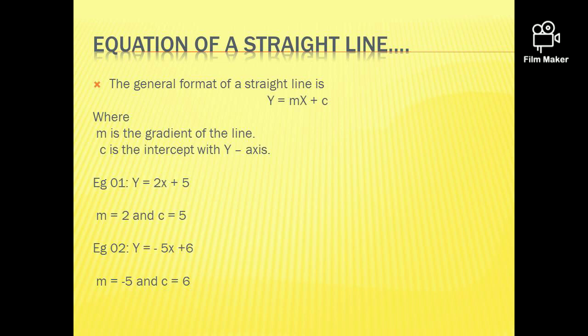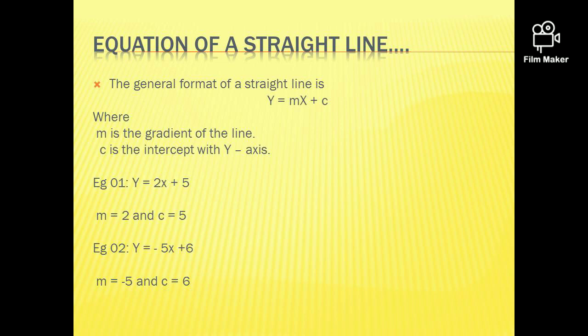If we consider the format of an equation of a straight line, you can see there are many formats, but the most popular format available is y equals mx plus c, where m is the gradient of a straight line and c is the intercept with the y-axis.